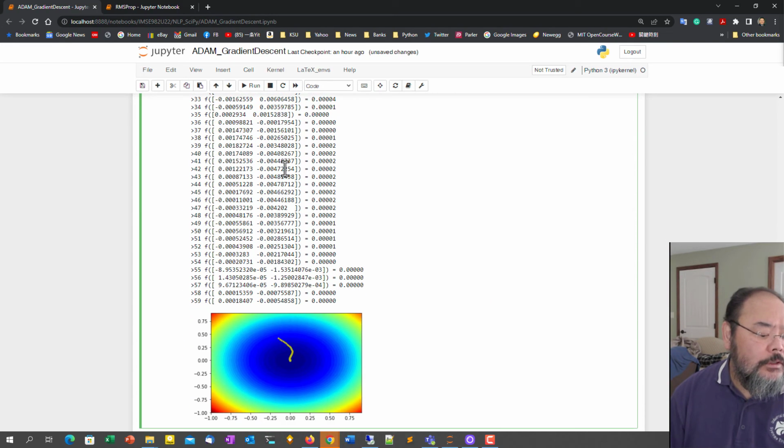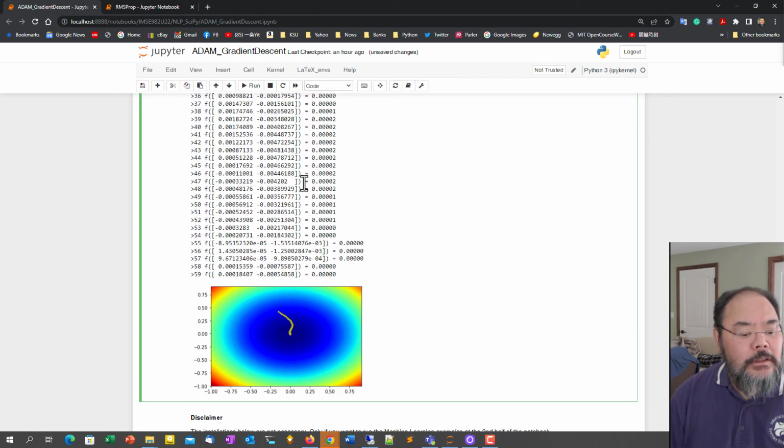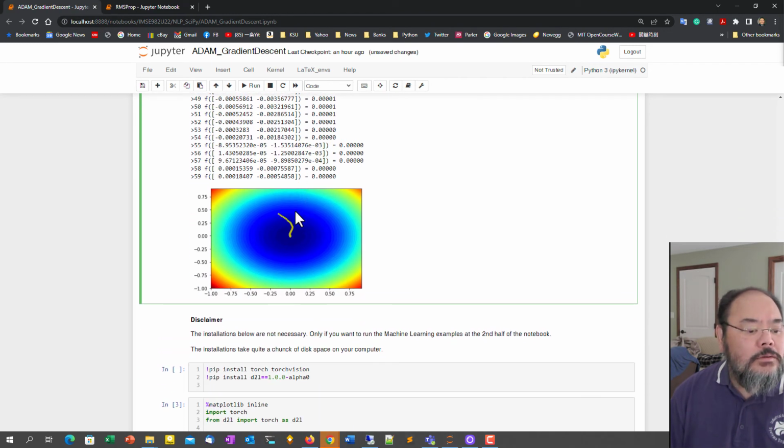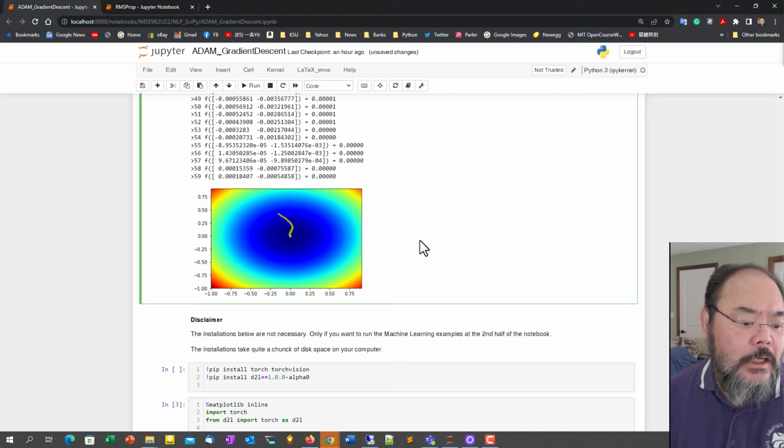So this function takes all the 60 iterations, but you can see that it converges quite nicely in this case. Also I plot the improvement trajectory for each solution on this contour chart. So you can see how well the Adam algorithm works on a regular convex function instead of the Rosenbrock function we have, which has what we call a banana-shaped level set.